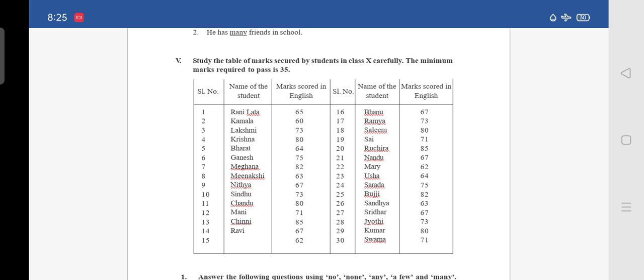Mani 71. Chinni 85, Ravi 67, Bhanu 67, Ramya 73, Salim 80, Sai 71, Ruchira 85, Nandu 67, Mary 62, Usha 64, Sharada 75, Bujji 82, Sandhya 63, Sridhar 67, Jyoti 73, Kumar 80, Swarna 71.